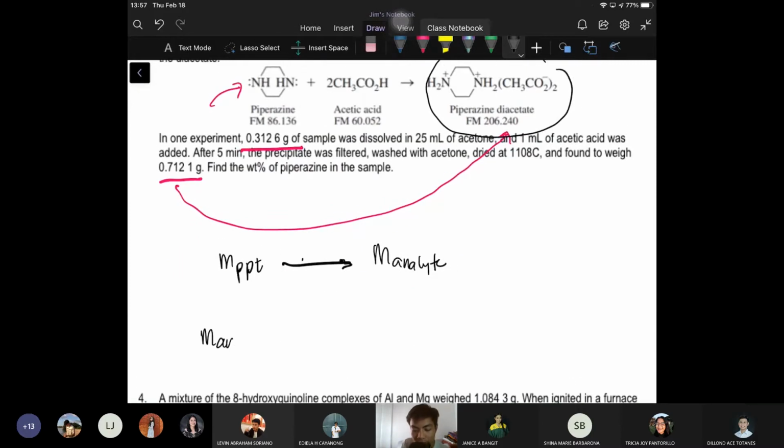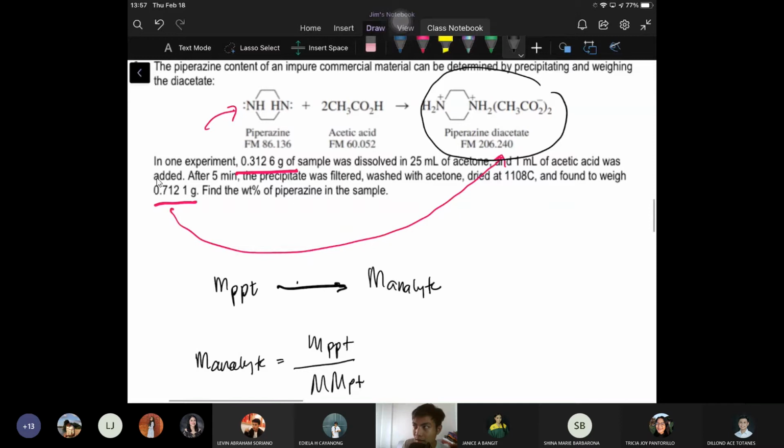Mass analyte equals mass precipitate divided by molar mass ng precipitate. By the way, yung molar mass nakasulat na dito yung FM, formal mass. Other term yan for molar mass. Okay? So you divide this mass, itong 0.7121, divide mo yan by its molar mass.